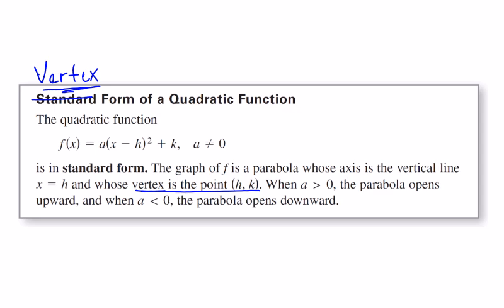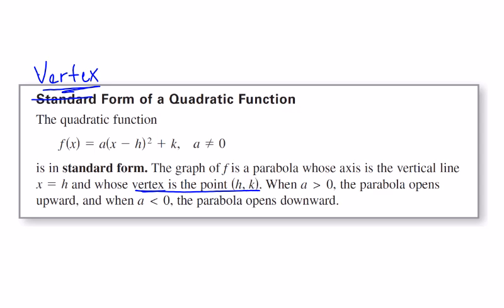Remember, h was similar to this, how it was x minus h quantity squared. But for a parabola, you don't have the y minus k part, so k is actually positive. So h is always the opposite of what you think, and k is always exactly what it is. When you see h in here, it's the opposite, but when you see k out here, it's exactly what you see it as.